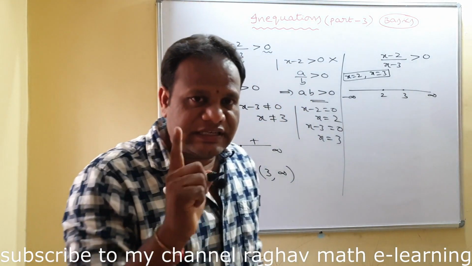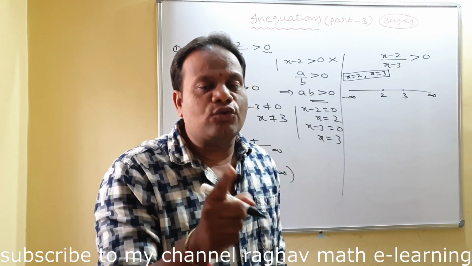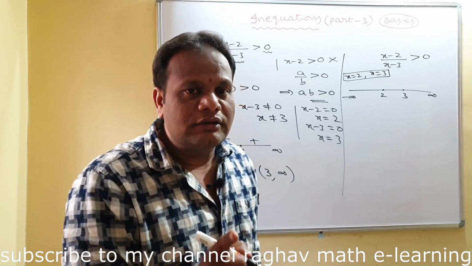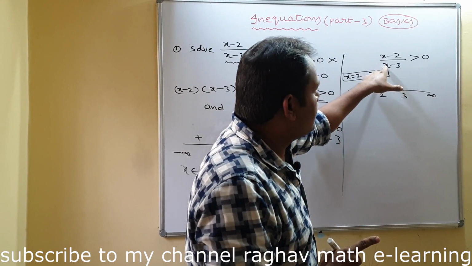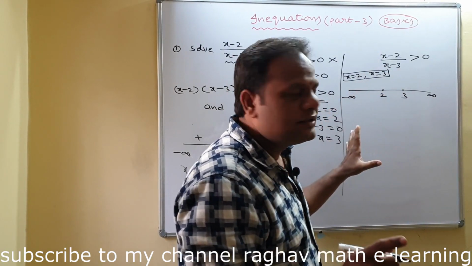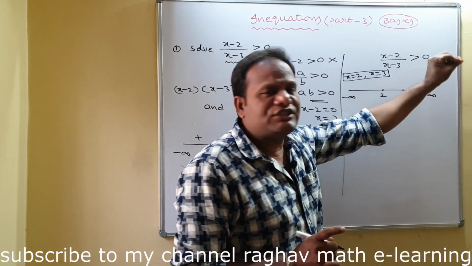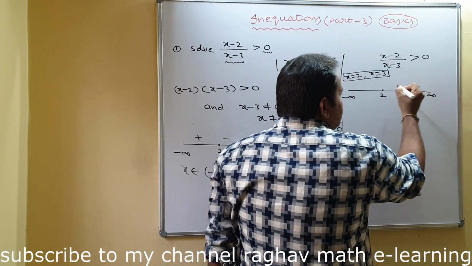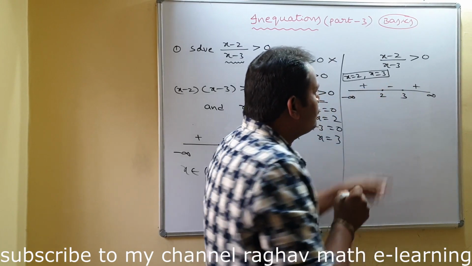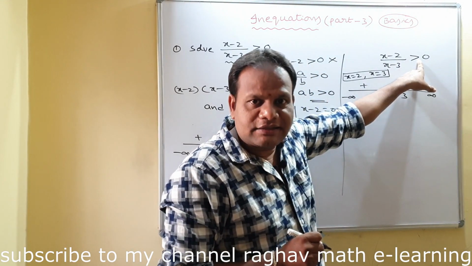And also check whether every x coefficient is positive or not. Here the x coefficient 1 is positive, the x coefficient 1 is positive. Yes. So in the rightmost interval you take positive. So positive, negative, positive. What do we want? We want greater than 0.